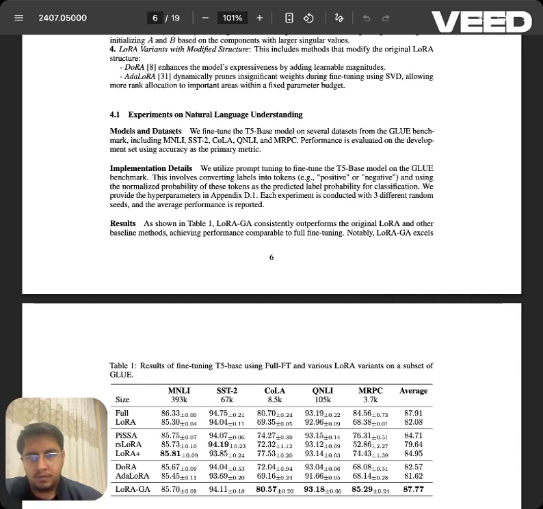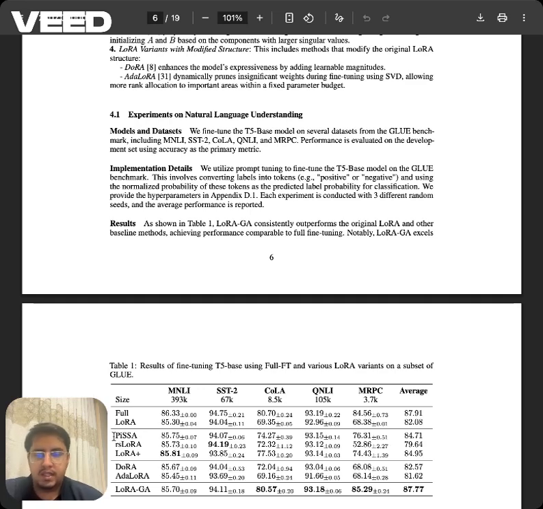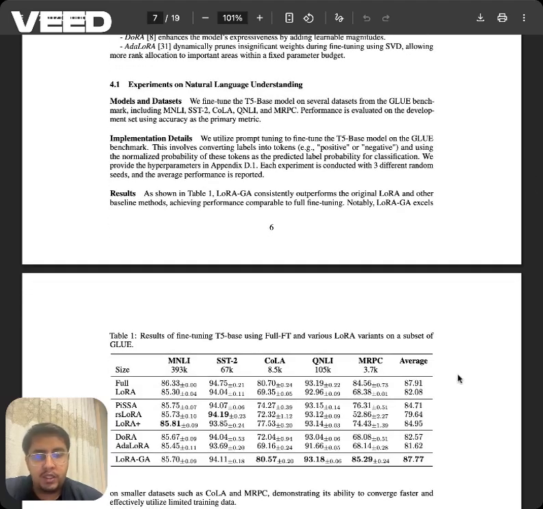So if we look at it, the primary sets of comparison are full fine-tuning and LoRA-GA, along with a couple of other methods like PiSSA, rsLoRA, LoRA+, DoRA, and AdaLoRA. What I am most inclined towards are the comparisons between full fine-tuning, LoRA, and LoRA-GA.